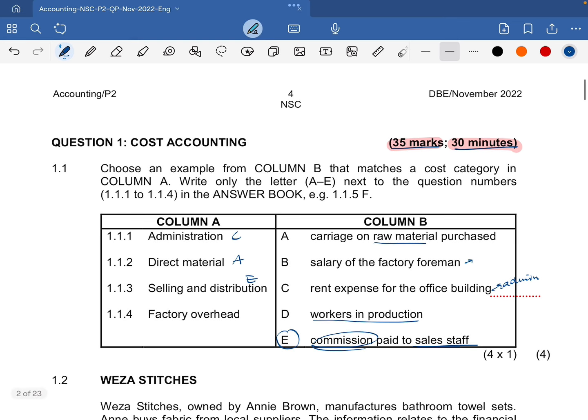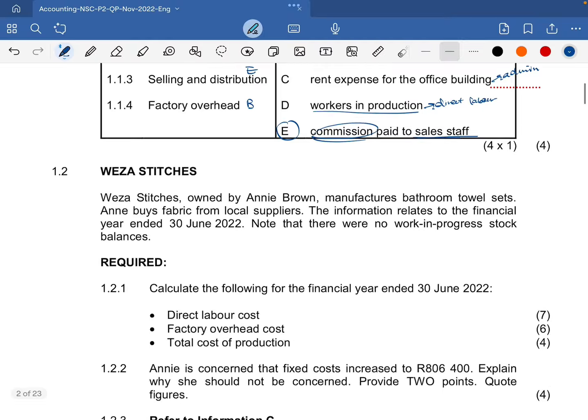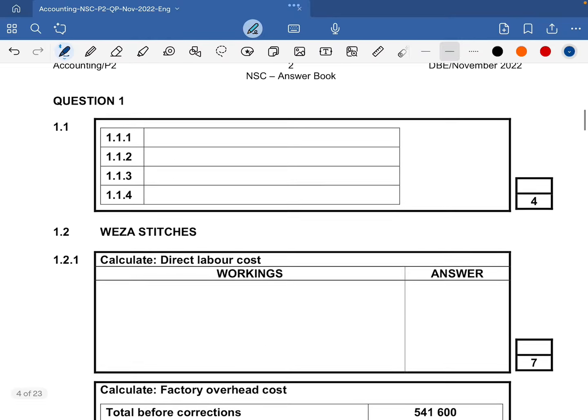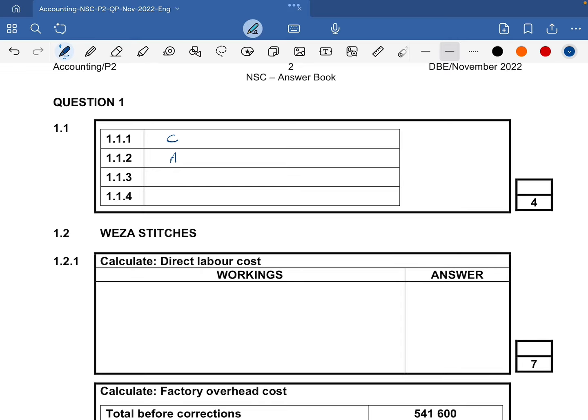So workers in production would be direct labor here. And then option B would be our answer. So CAEB. Let's quickly fill in. So that's CAEB.